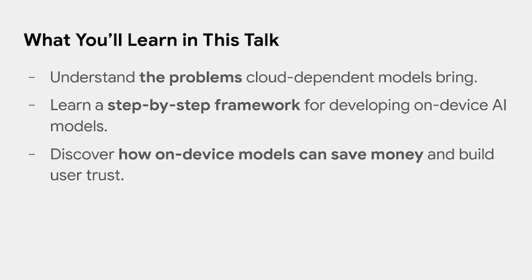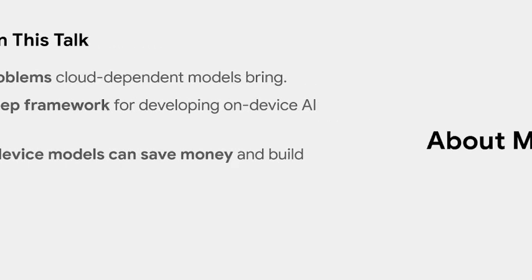Two, we are going to learn a step-by-step framework for building on-device AI models. And three, we discover how on-device models can save money and build user trust. So I think we are already done with the first point at this level. So we'll proceed with understanding the framework. But before going to building the model, I'd like to talk about Maposa Smart.